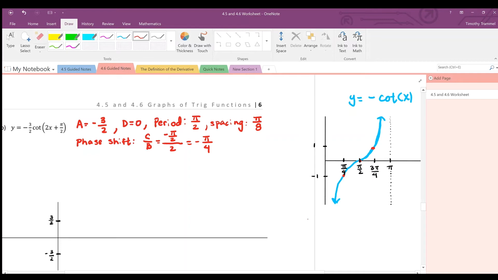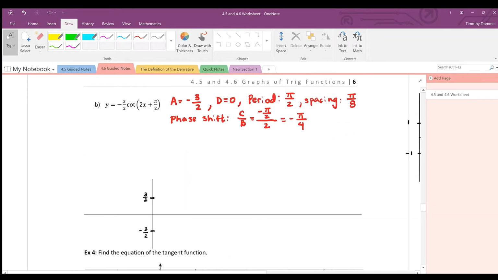Let's go ahead and move that vertical asymptote over to minus pi over 4, and then we'll start writing in our tick marks, or the rest of them. So minus pi over 4. Let's say that is right here.